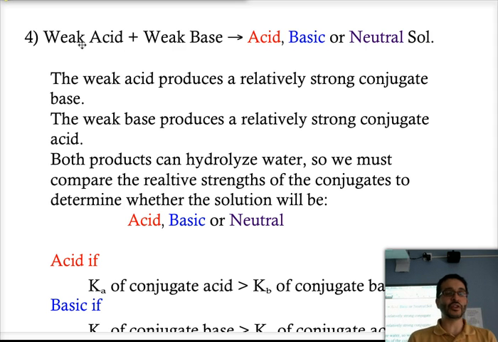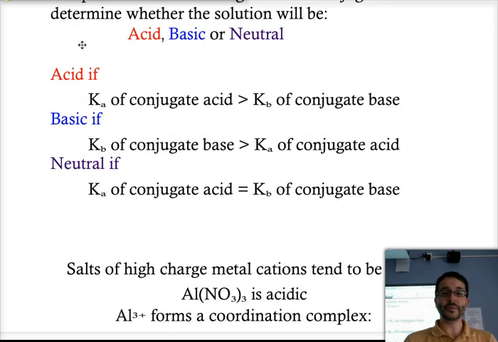So you have to compare those numbers, and be very careful, because when we're dealing with values that are 10 to the negative something, it is always going to be difficult. You have to think which one's larger, which one's smaller. You can also do it by comparing the values of pKa and pKb. Remember, the smaller the pKa or the pKb, the stronger the acid or the base. So you have to do analysis of this form.